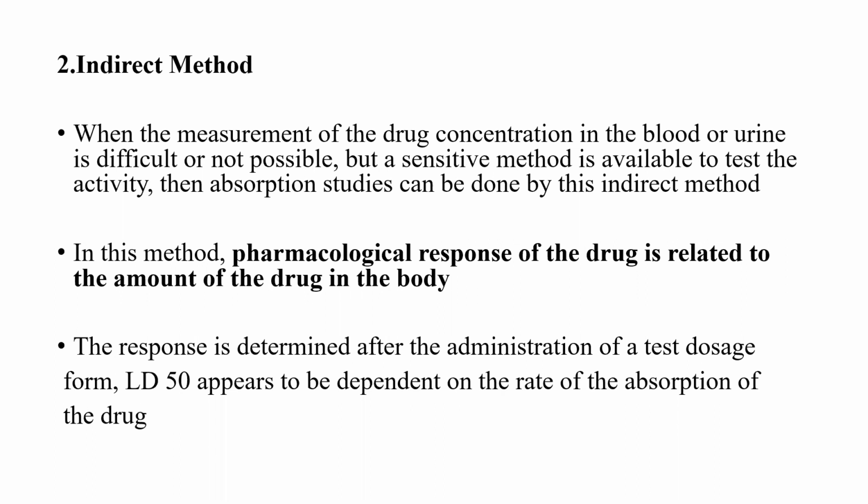The pharmacological response of the drug is related to the amount of drug in the body, or the response is determined after administration of the test dosage form. For example, LD50 is taken. This lethal dose is used to measure the short-term poisoning potential of a material, and it appears to be dependent on the rate of absorption of the drug.